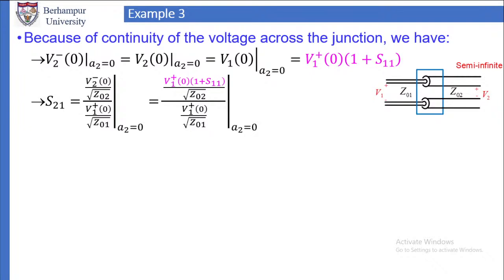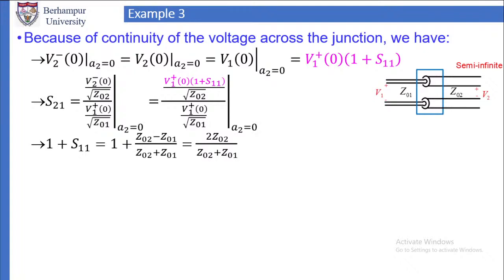Now V1 plus will cancel out, leaving 1 plus S11 by root over of Z02 into root over of Z01. Now from this you will get 1 plus S11 is equal to 1 plus (Z02 minus Z01) by (Z02 plus Z01).